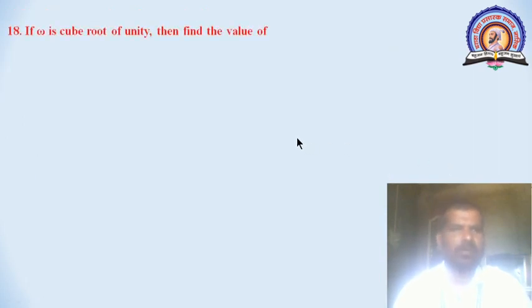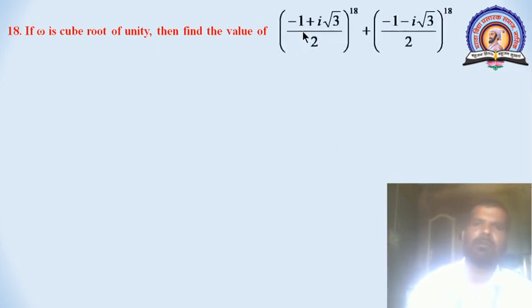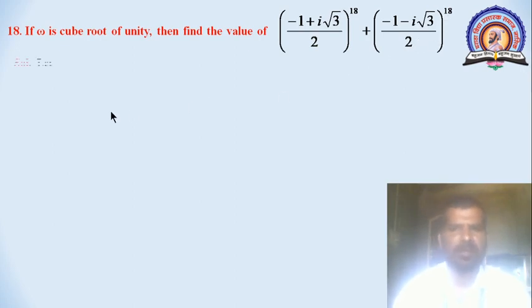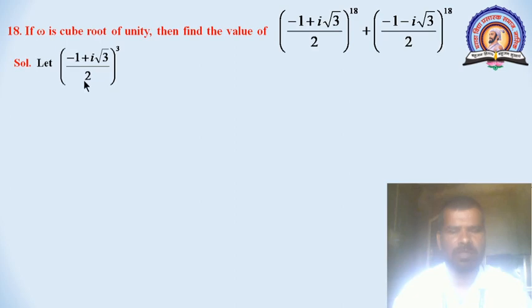Now, if omega is cube root of unity, then find the value of minus 1 plus I root 3 upon 2 raised to 18 plus minus 1 minus I root 3 upon 2 raised to 18. Now we will consider minus 1 plus I root 3 upon 2 cube. We will find first the cube of this quantity.